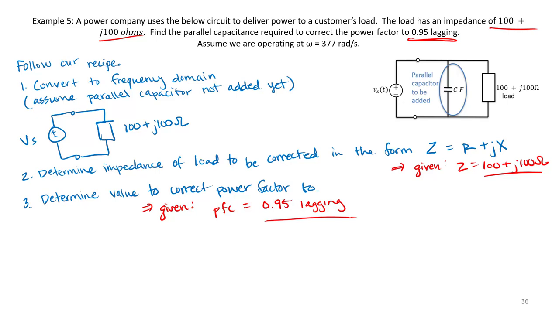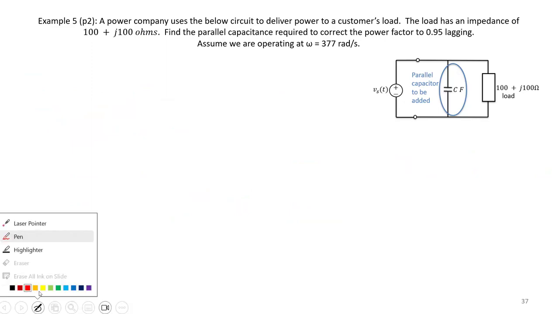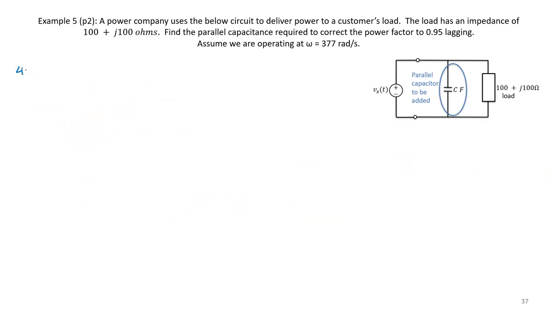Let's continue on to step 4. Our fourth step is to use the given equation to find x1. So in this case, the equation we want to use from our recipe is the following.